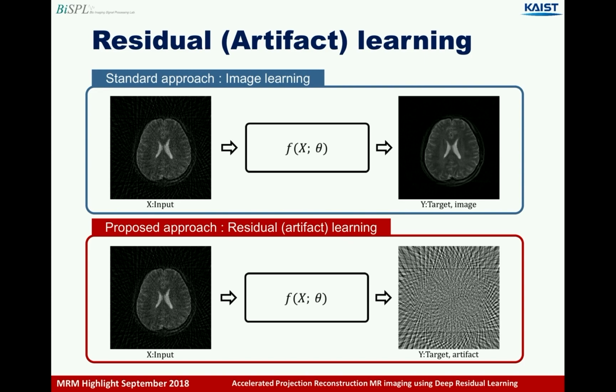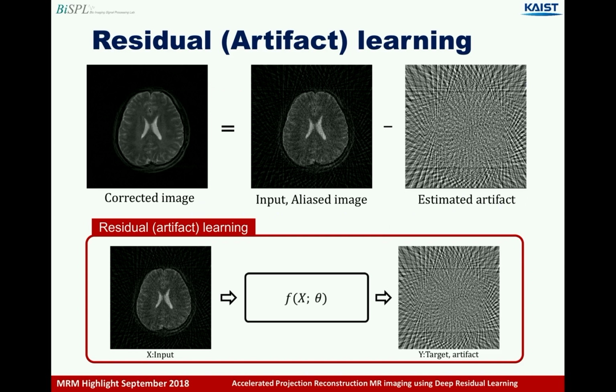However, in our proposed approach, which is residual learning, the network is trained to output the artifacts. After the artifact is estimated, the corrected image is reconstructed by subtracting the estimated artifact from the LCD image.